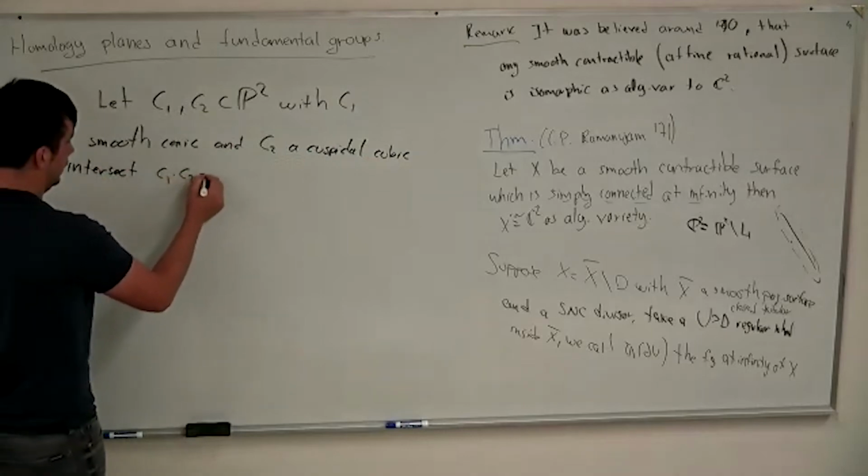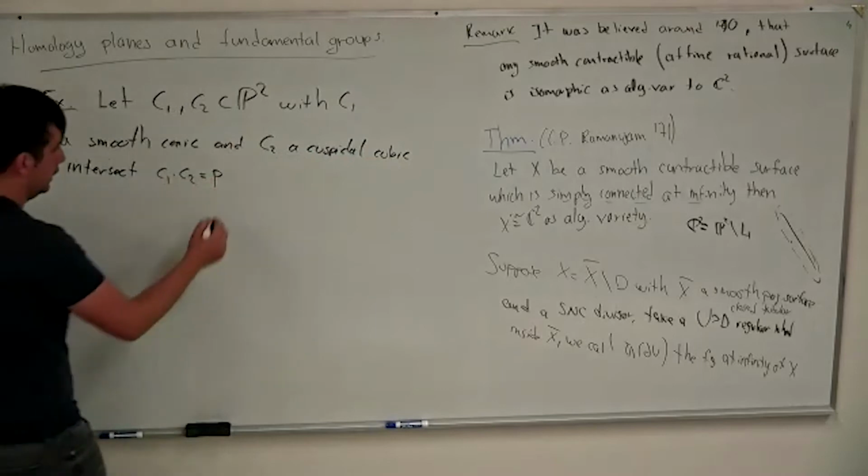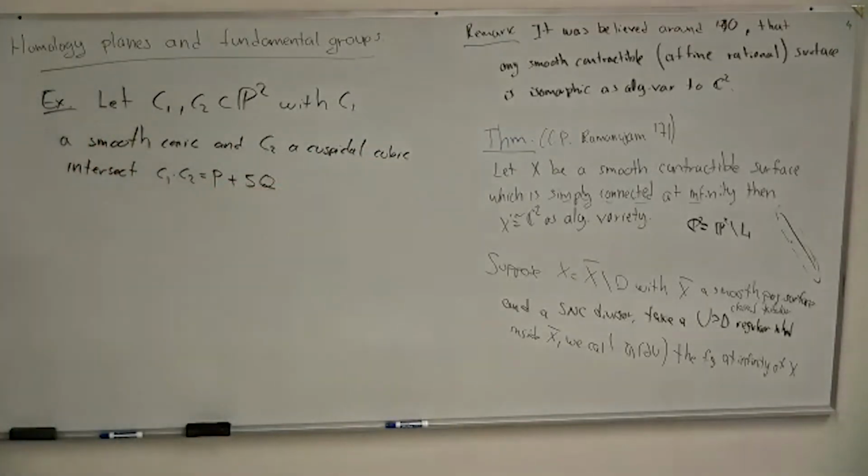C1 intersects C2 transversally at some point P, plus 5 times at some point Q.